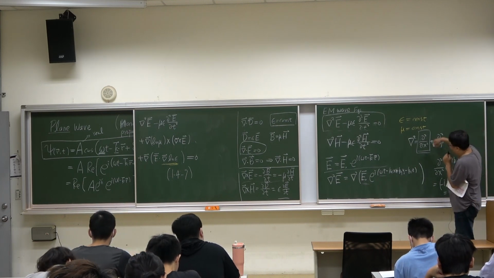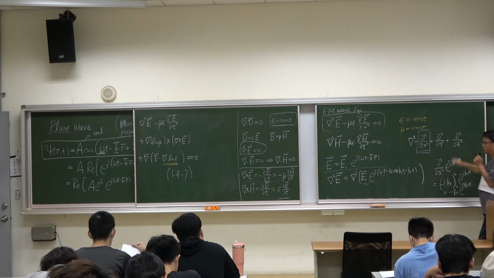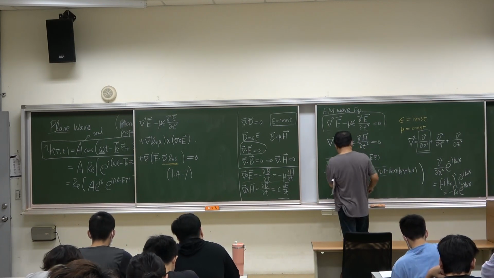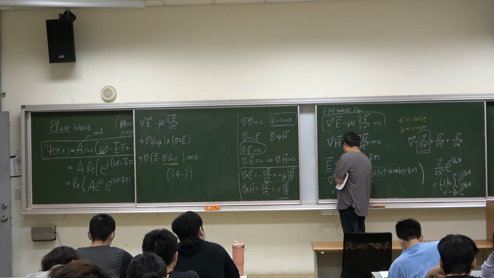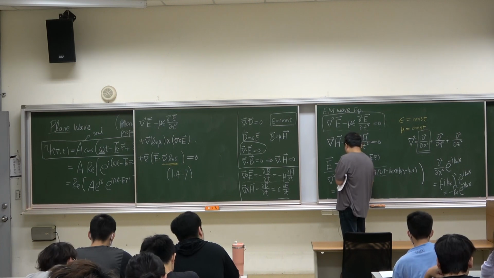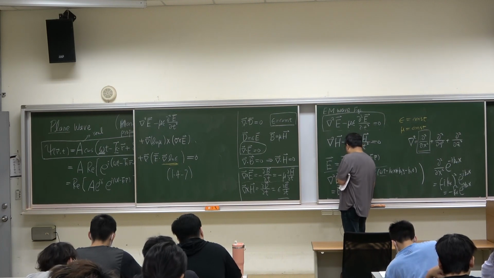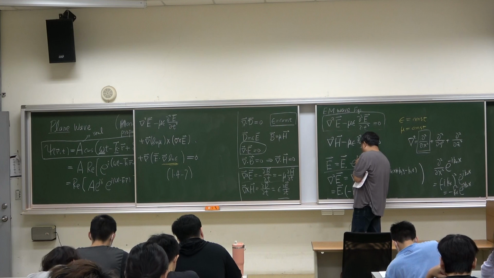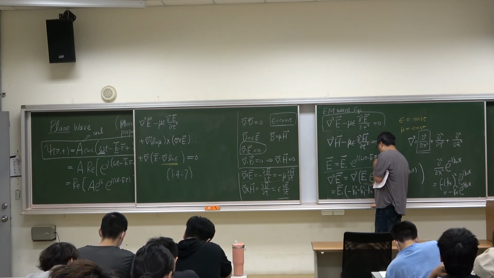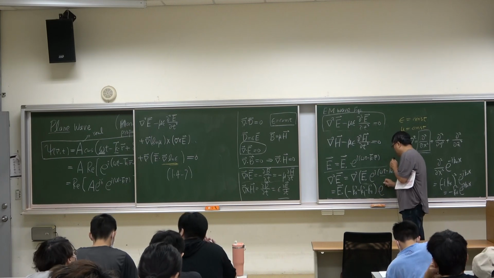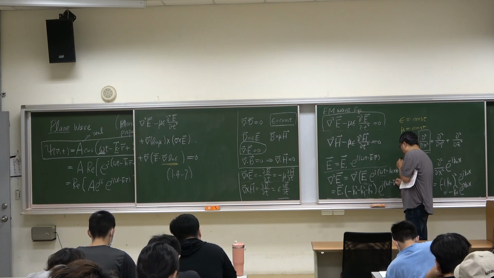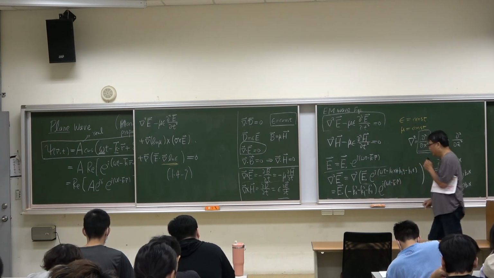Similarly for the y partial derivative and the z partial derivative. So finally we have E0 times minus kx squared minus ky squared minus kz squared times the exponential i(omega t minus k dot r).